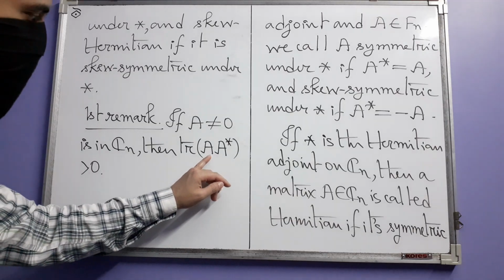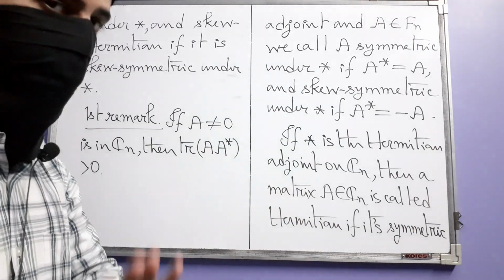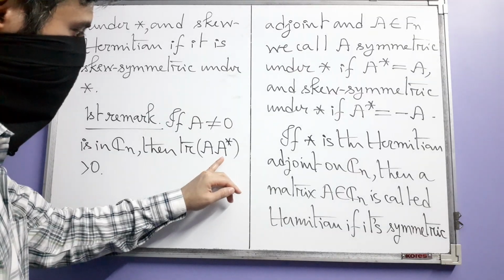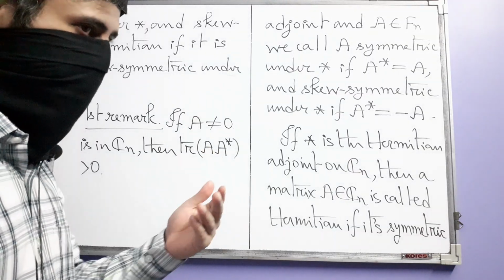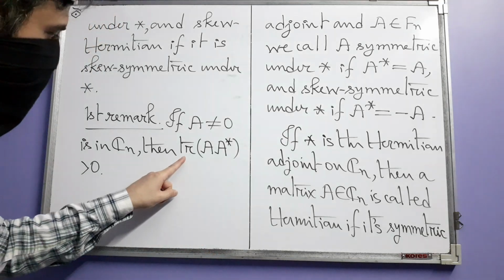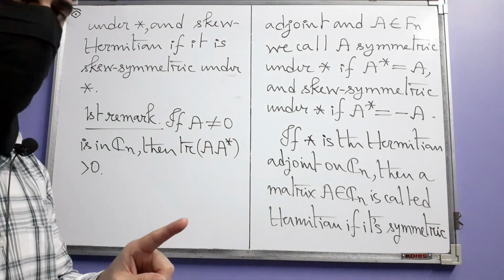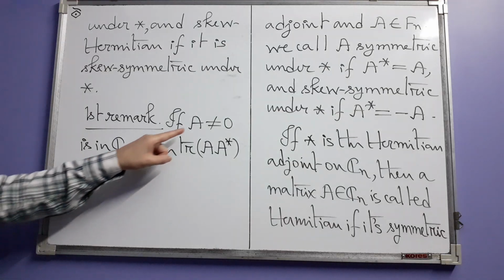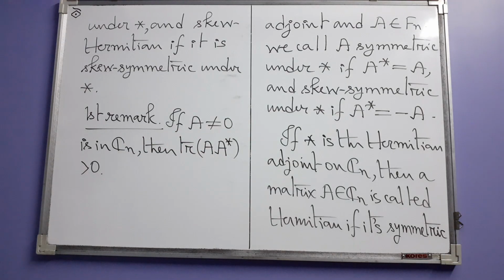Note that in general the entries of A are complex numbers. So there is no reason for the entries of say A star A to be real. However, even then the trace of this is not only a real number but a positive real number, provided A is non-zero. Let's see how.